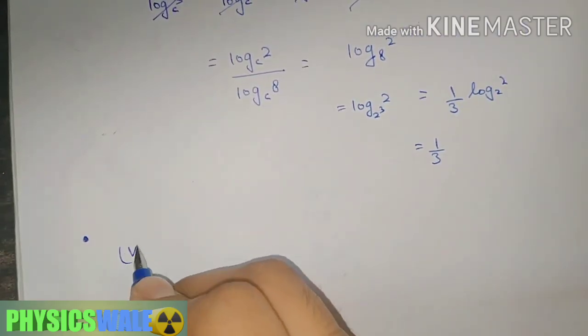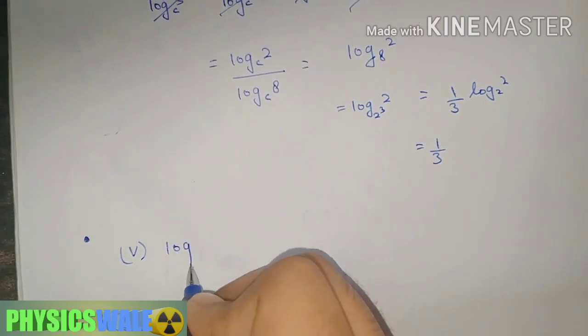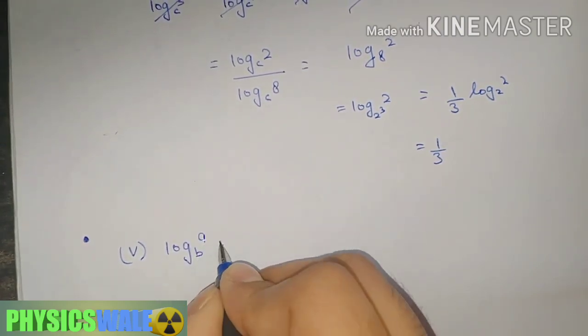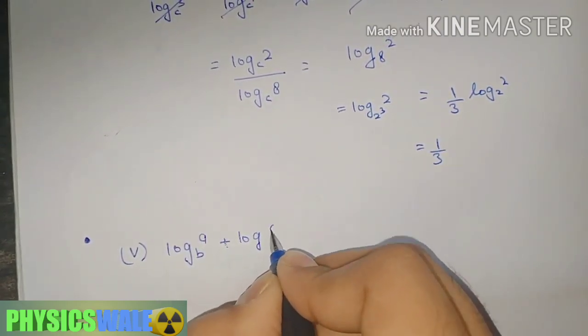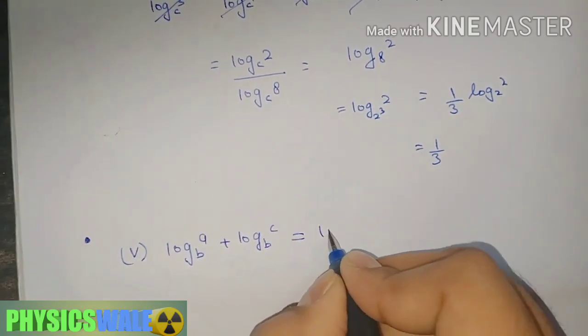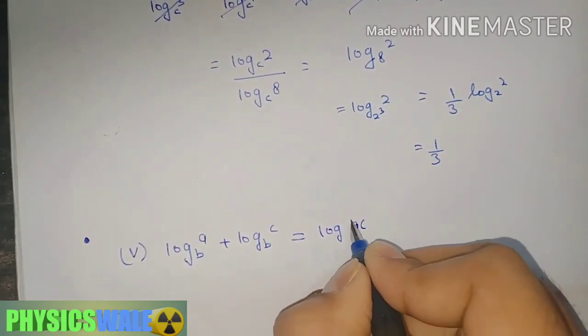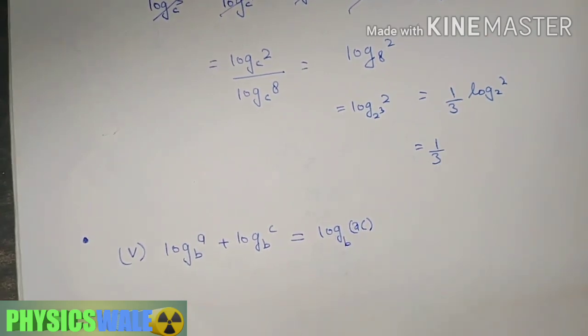The fifth property says that log of a to the base b plus log of c to the base b is actually log of the product of a and c to the base b.